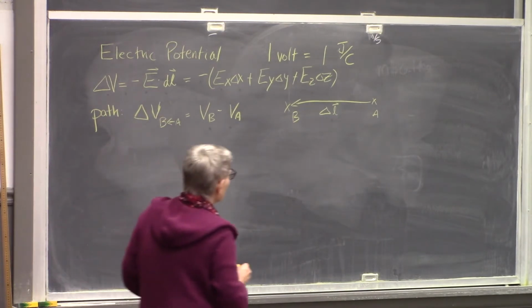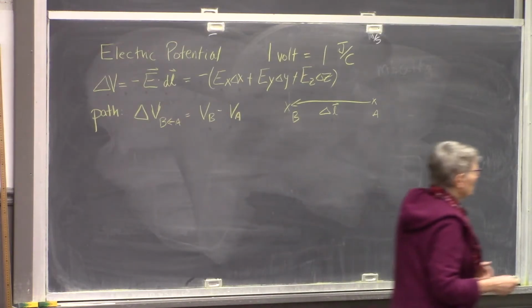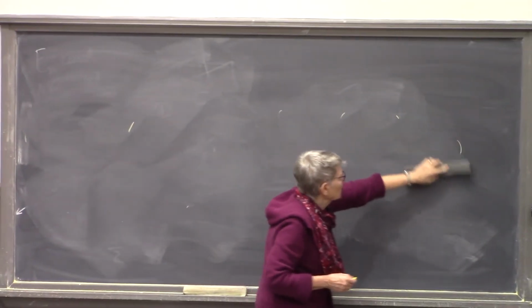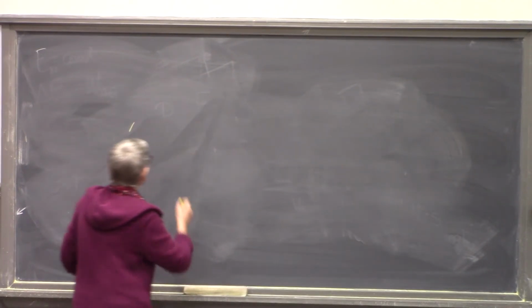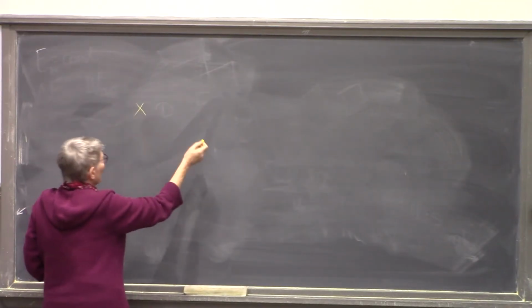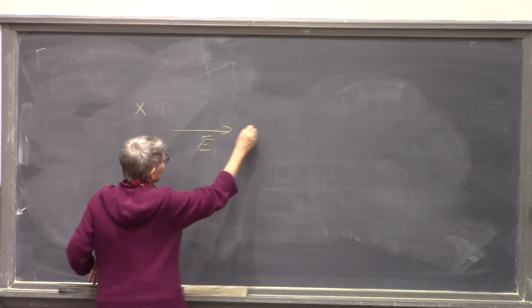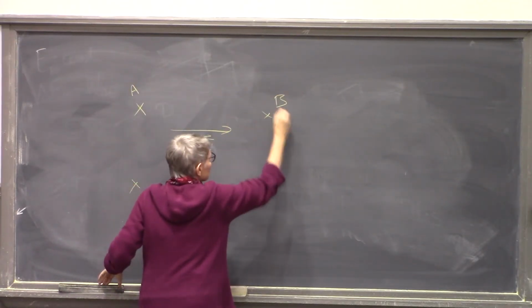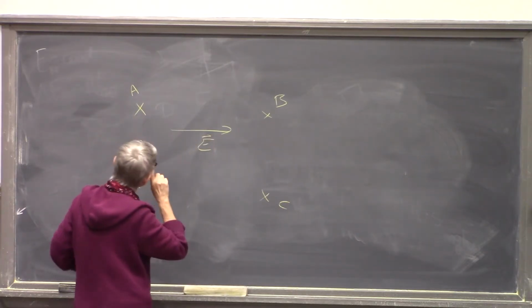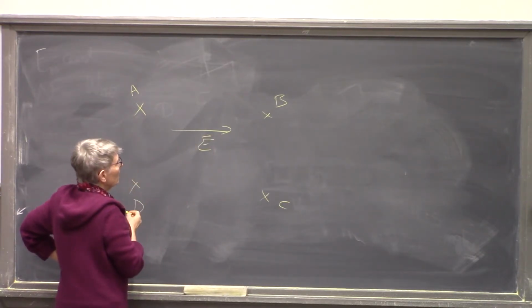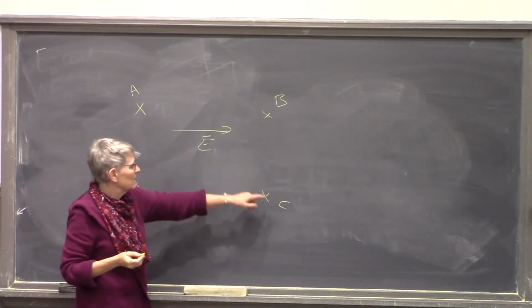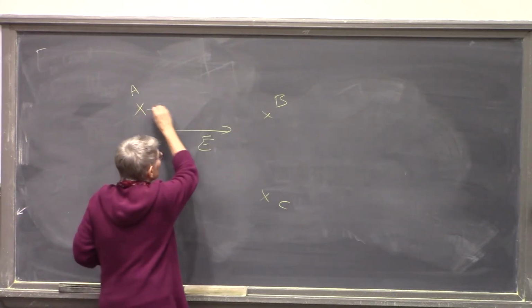Now, one of the things we noticed last week, before we get started, is that in a situation where we had a uniform field, say it's this way, and we have a bunch of locations, we could take a path if we wanted to calculate potential differences.